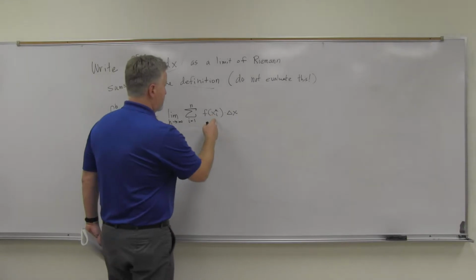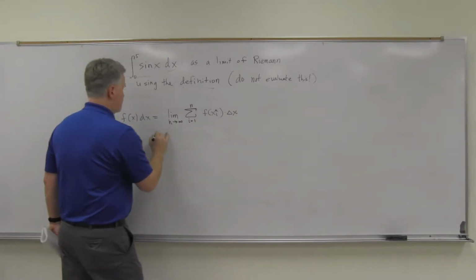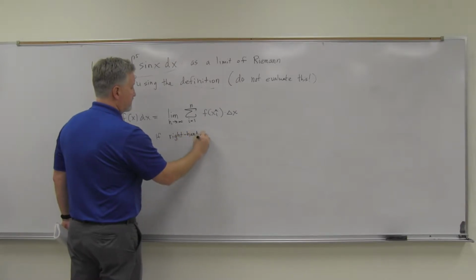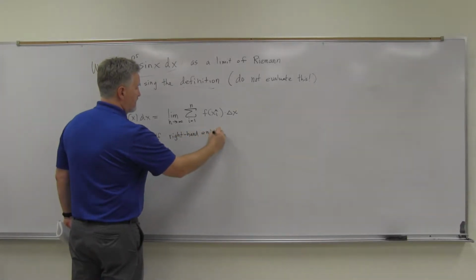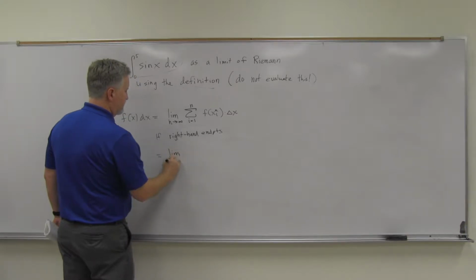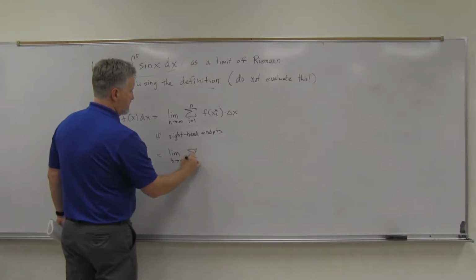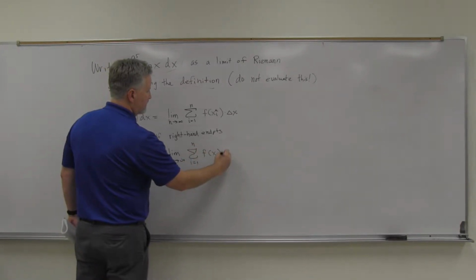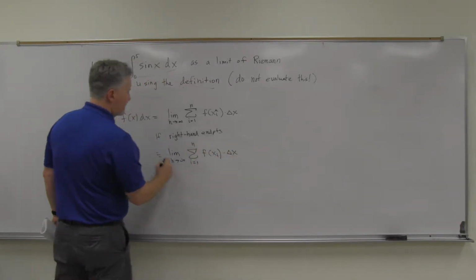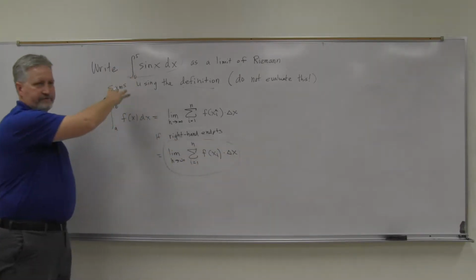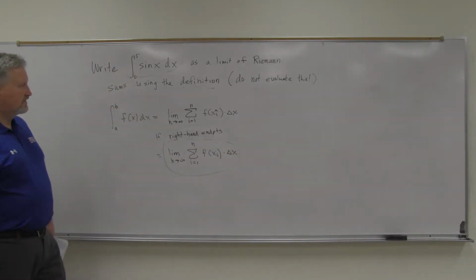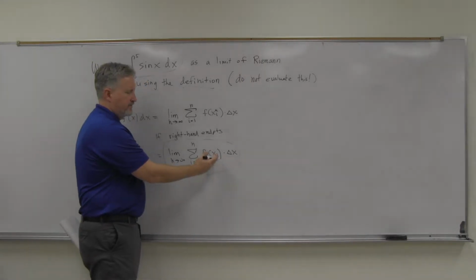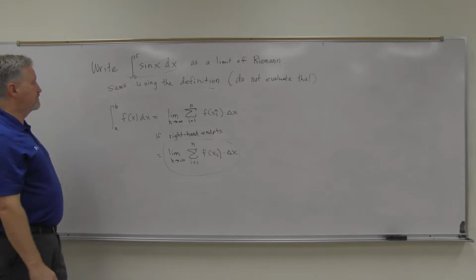So if we use right-hand endpoints, it's just the limit as n goes to infinity, summation i equals 1 to n, f of x sub i times delta x. That's what we're going to shoot for here, instead of doing midpoints or left-hand endpoints. We'll just use right-hand endpoints.